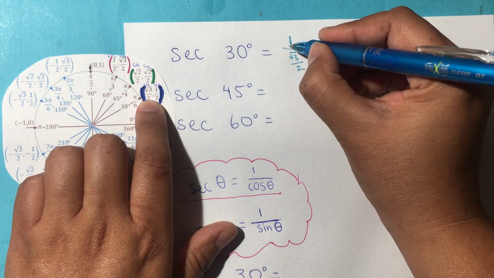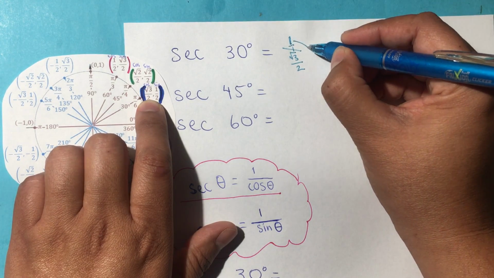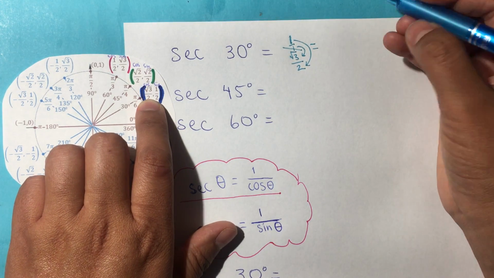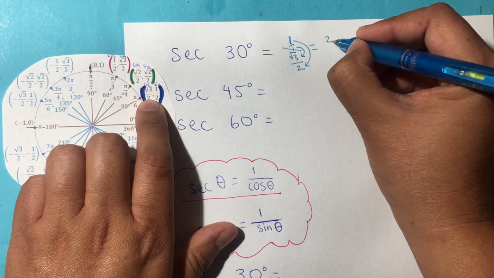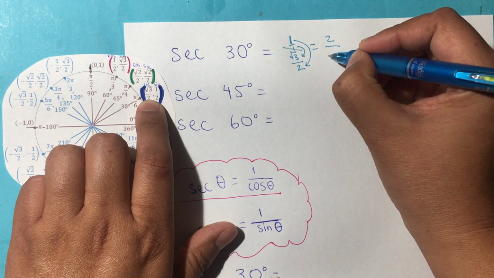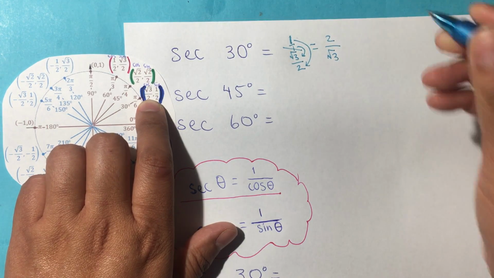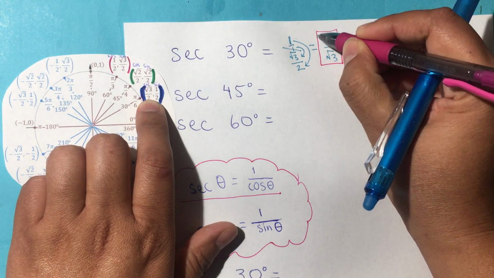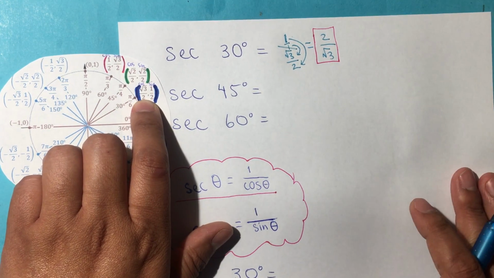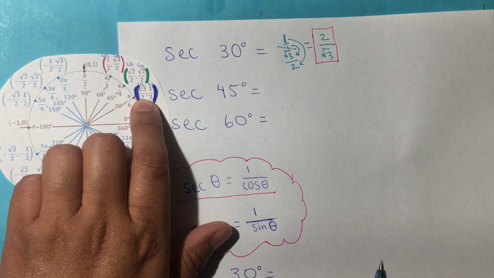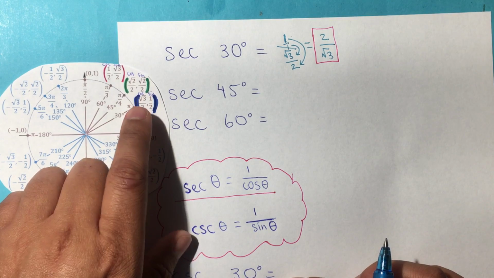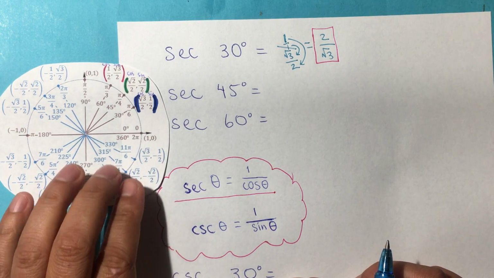When we have something like this, you put it over 1 and multiply the outer values over the inner values. So 1 times 2 is 2, and 1 times the square root of 3 is the square root of 3. If they ask you to simplify, then go ahead, but sometimes that's all you have to do, so that you can see how the secant and cosecant are reciprocal, just like we saw with tangent and cotangent in the previous lesson.